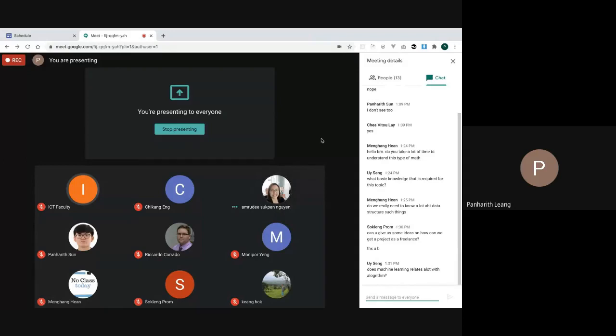In master's, different from a bachelor's degree, they don't require too much from you. They give you the freedom to study whatever you want. You just need to report your progress back to your supervisor, what you have learned every month. So usually, how many courses are you taking per semester?